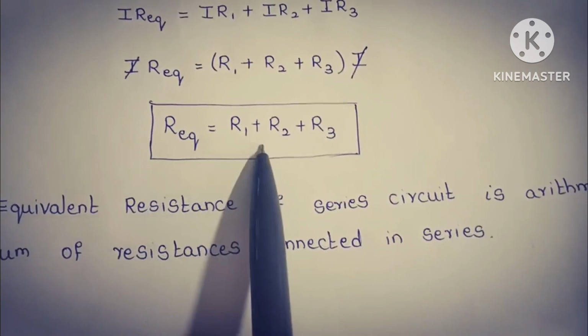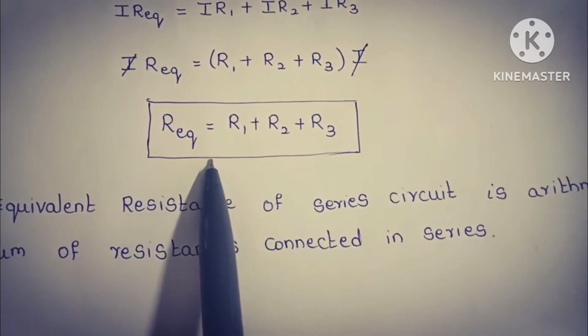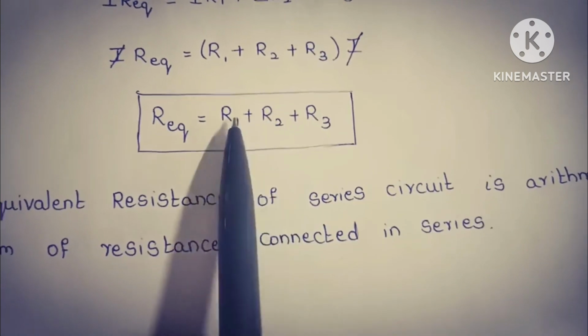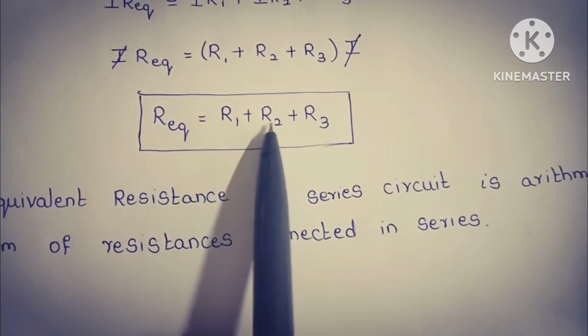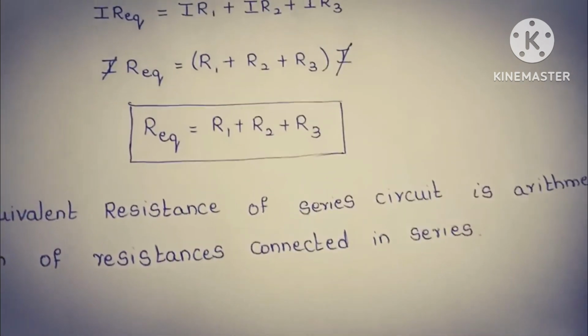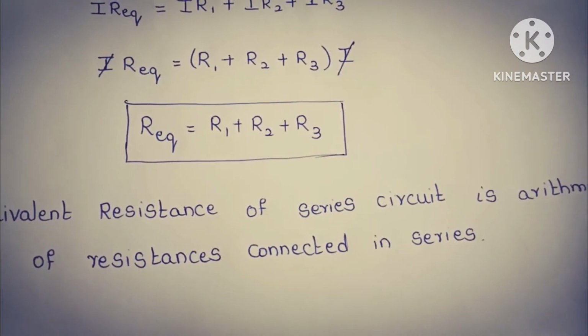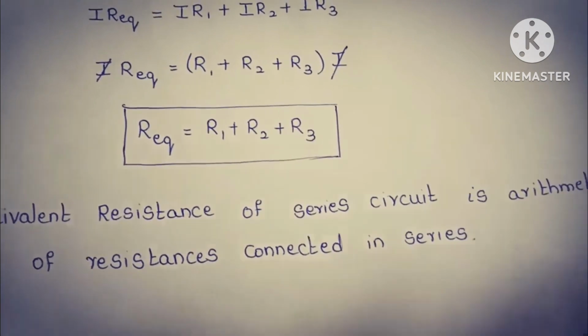If we have two resistors, equivalent resistance is equal to R1 plus R2. If we have three resistors, that is equal to R1 plus R2 plus R3. So depending upon the resistors, we are going to take the sum of all the resistors connected in series.